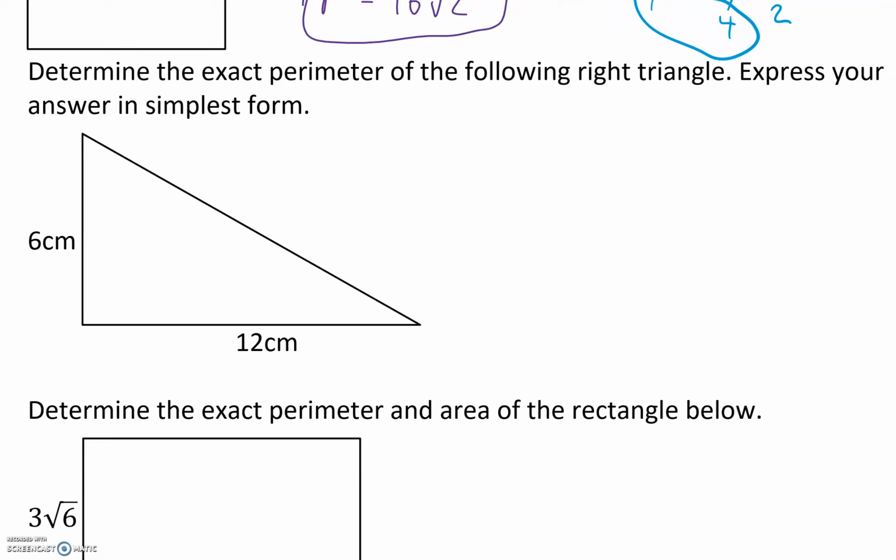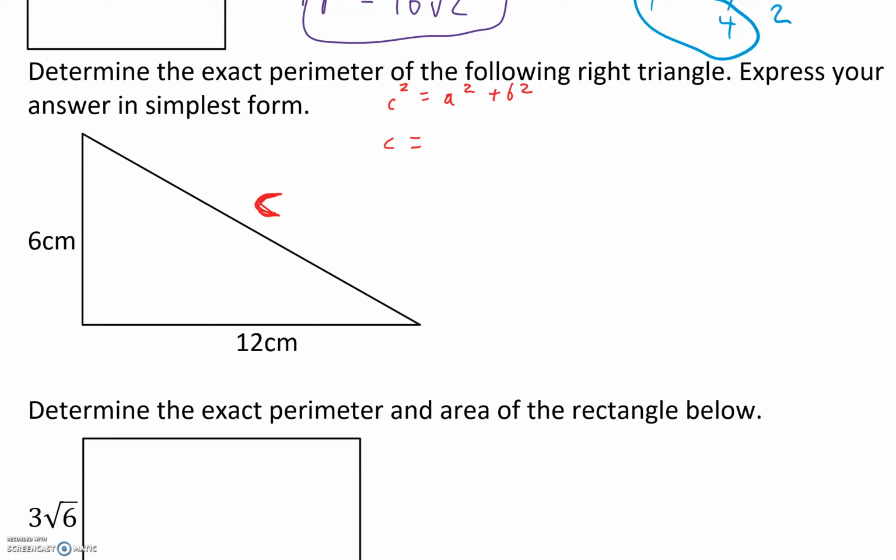First of all, we have to recognize that we're missing this side here, and we need all sides to get the perimeter. This is the hypotenuse, or if we are thinking about Pythagoras, this is the c squared side, or c side. So c squared equals a squared plus b squared.